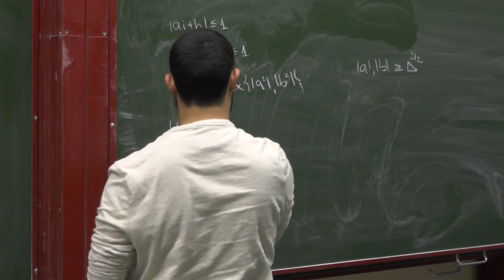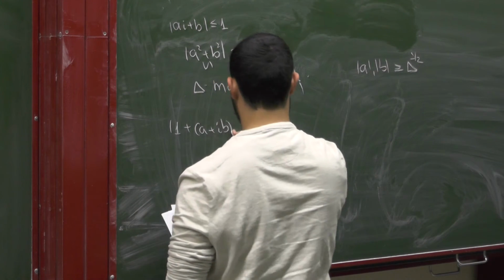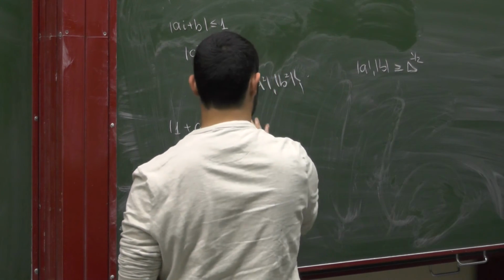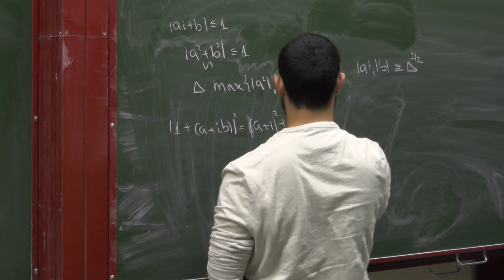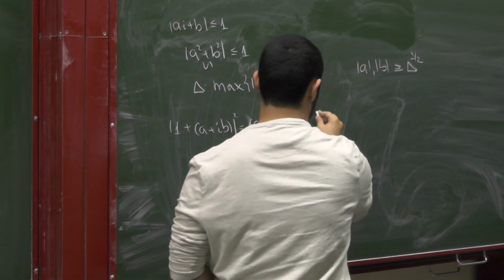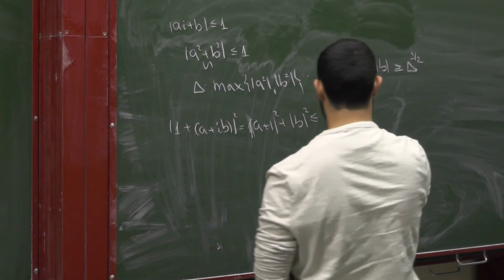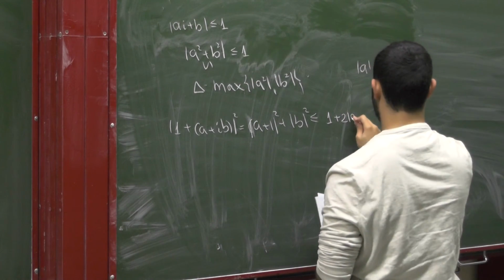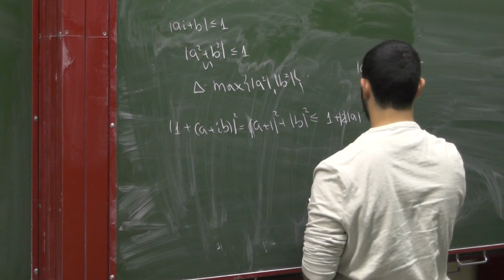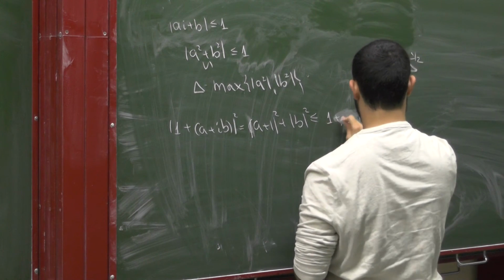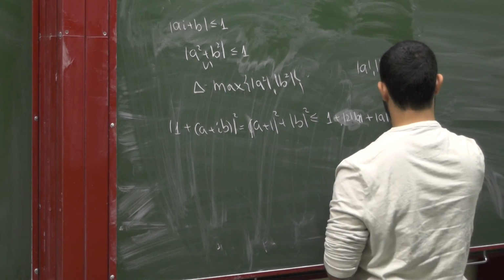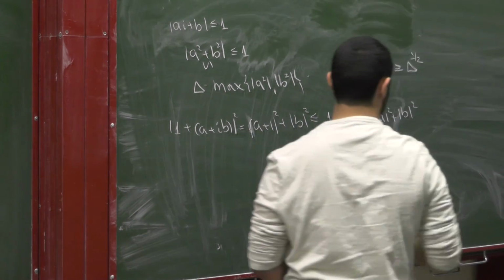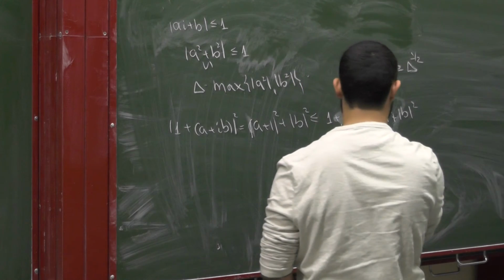So if you now look at this, and this is A squared. This is just (A plus 1) squared plus B squared, which, if you use the triangle inequality, you have 1 plus 2 times the absolute value of A squared plus B squared, then you can bound everything by a constant.